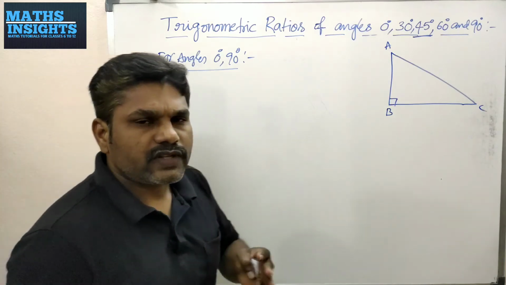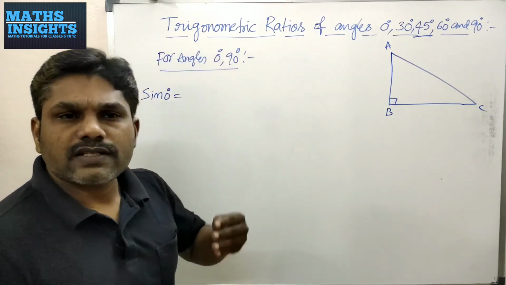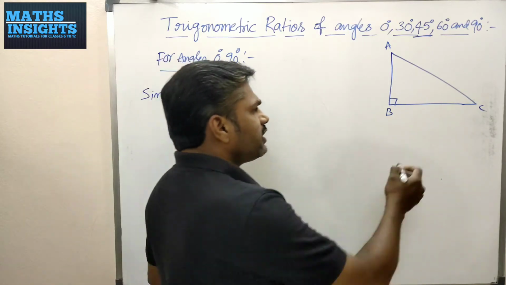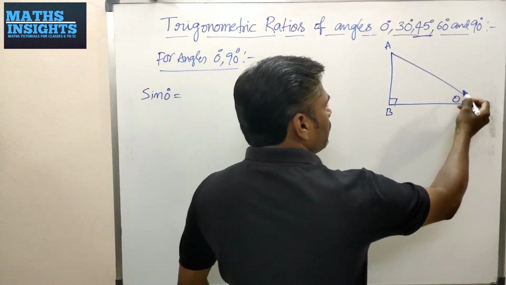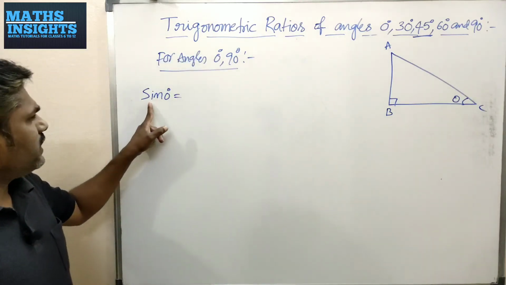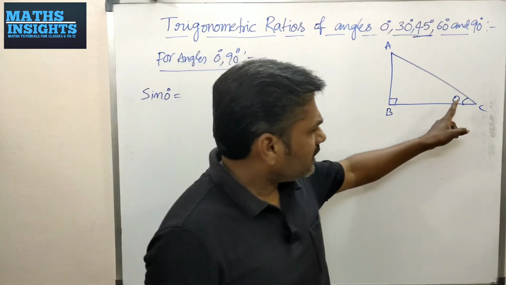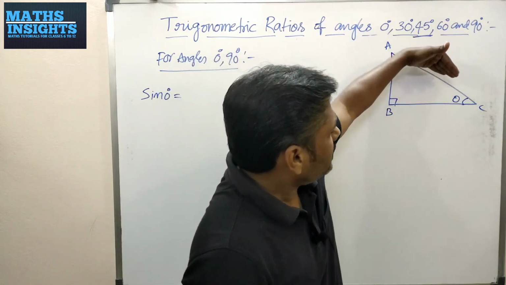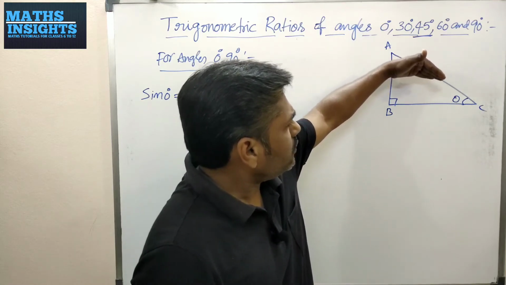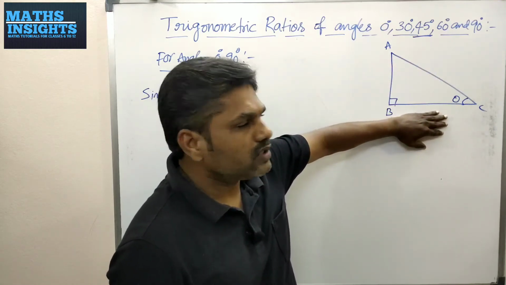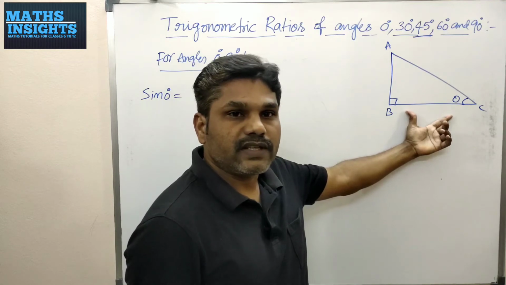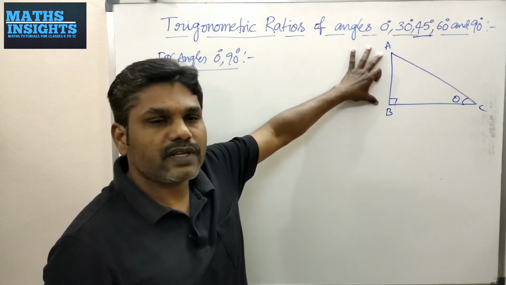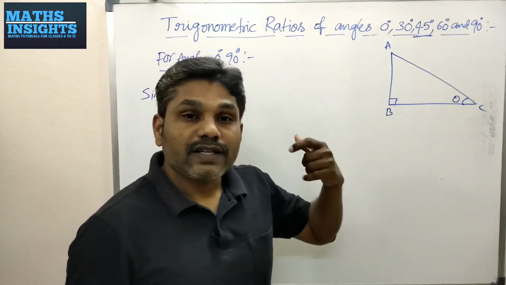All of you know sine theta is side opposite to angle theta. If we want to find sine 0, then this theta has to become 0. Then this hypotenuse will come down and finally coincide with side BC. Then what about this side? This side will disappear and its length will become 0.